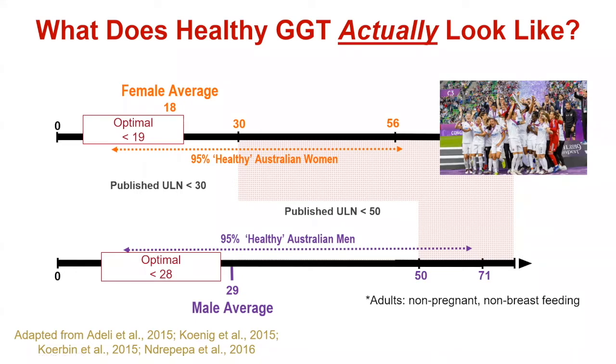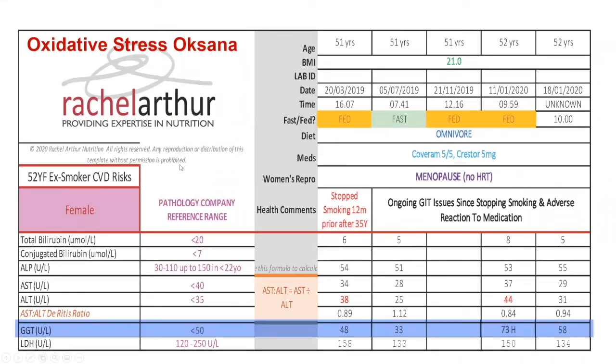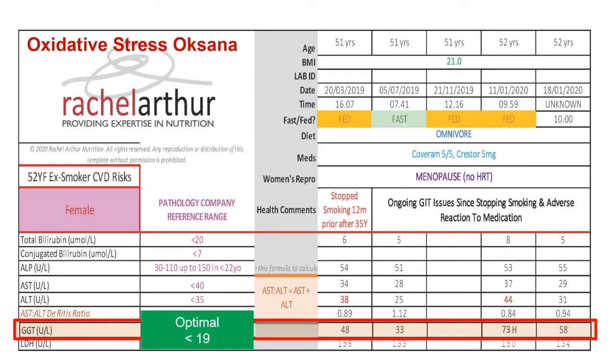So if we look at Oksana one more time and we look at her GGT, you will see that the template again is going to make this immediately obvious to you.